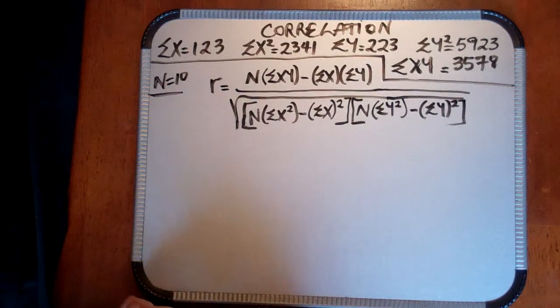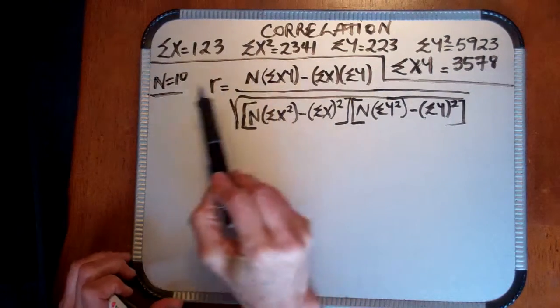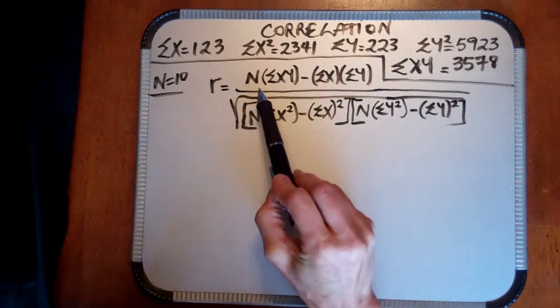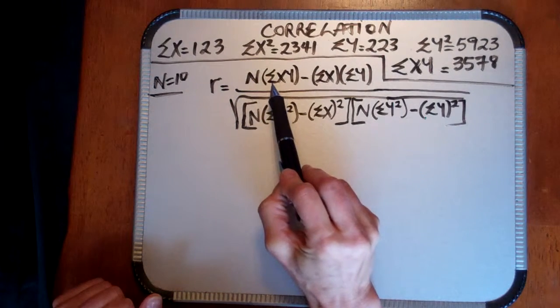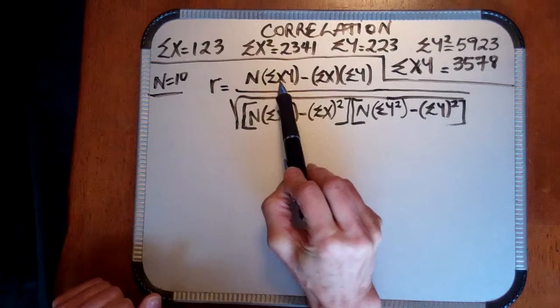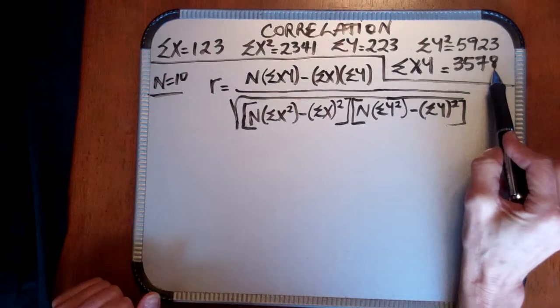Starting with the numerator, you see that here we have n, which is your sample size, that's 10, and you're going to take the sample size n times the sum of the xy. And the sum of the xy is right here, 3578, right?